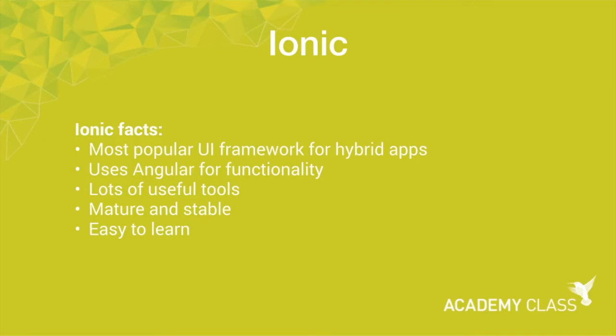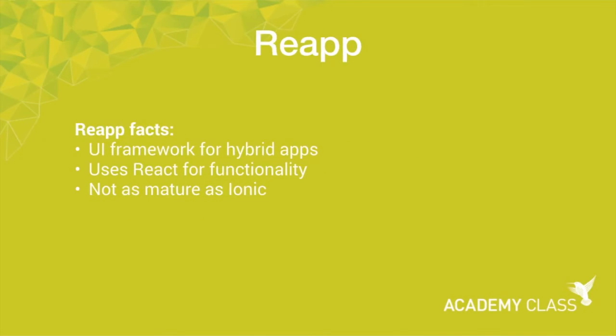Ionic uses Angular for functionality. It's a quite mature and stable framework. Since it's using Angular, they also have a beta which is using Angular 2. I found it was quite easy to learn, so check it out. It's a really cool project. It will make your app look very nice immediately.